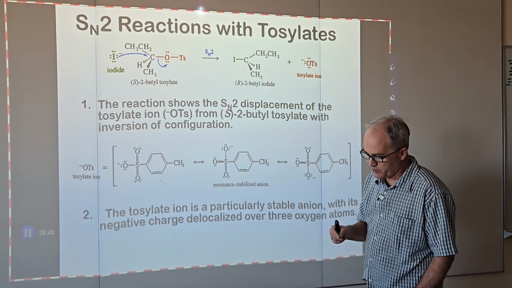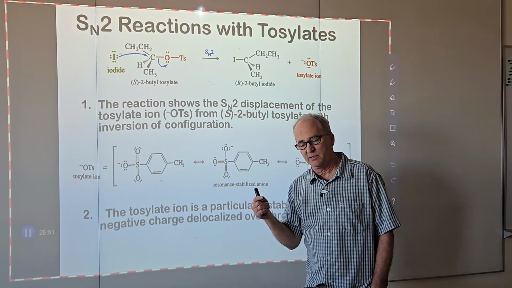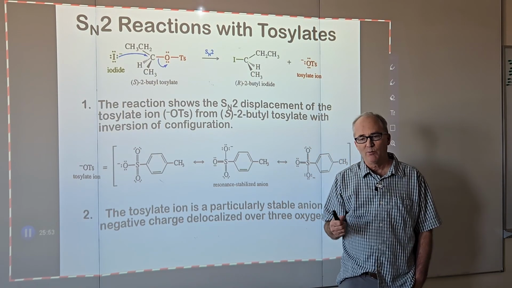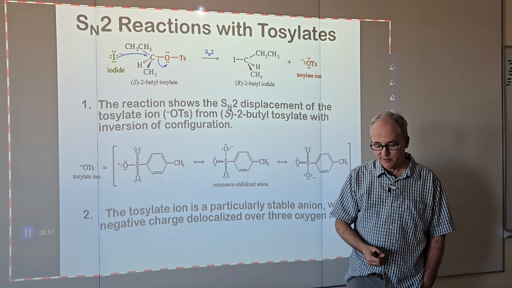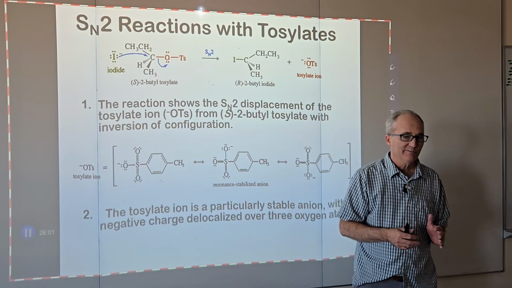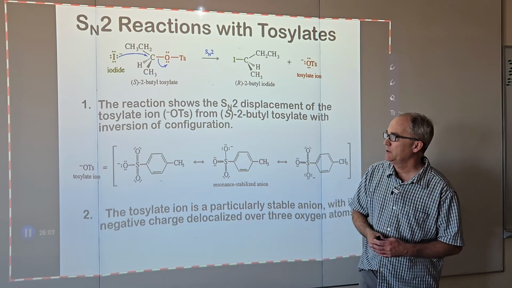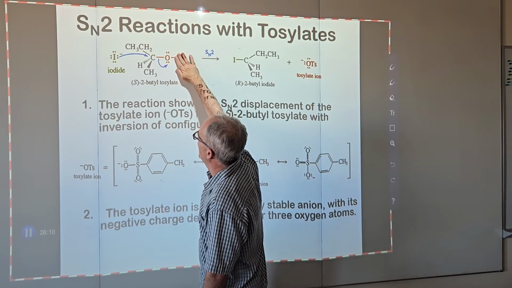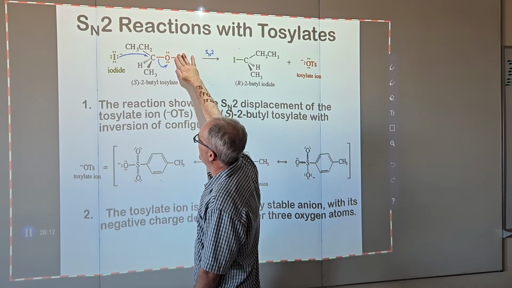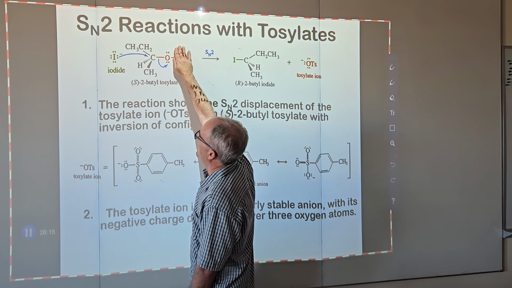So in this portion of the chapter, we're going to look at how we can form a bromide from an alcohol, or we can form the tosylate. And there's a stereochemical reason why we would do one or the other. So notice here, imagine I had S-2-butyl alcohol. Imagine this was a hydrogen.